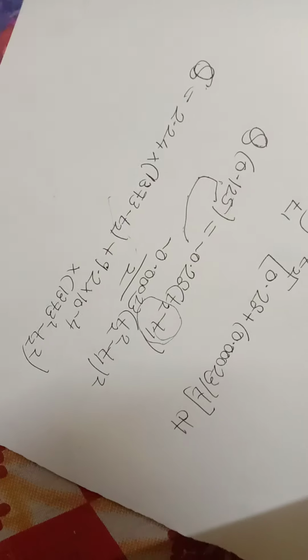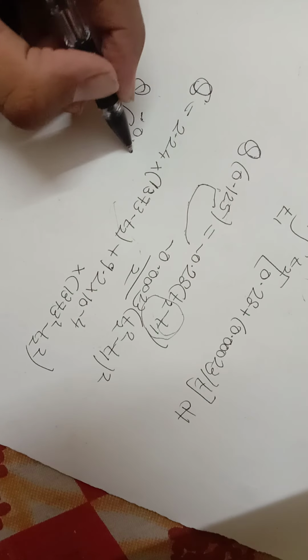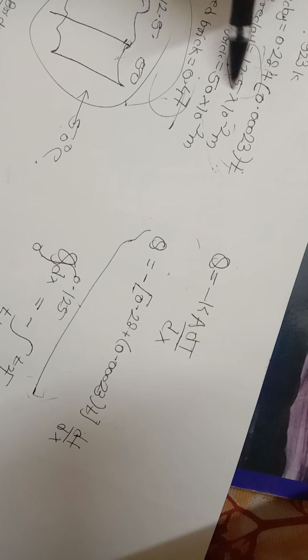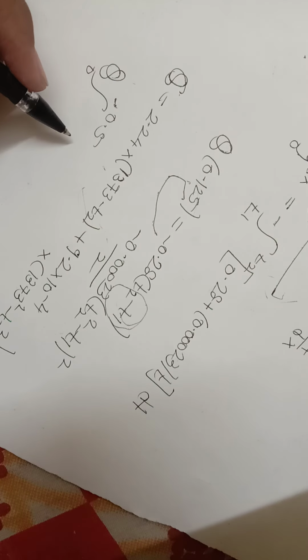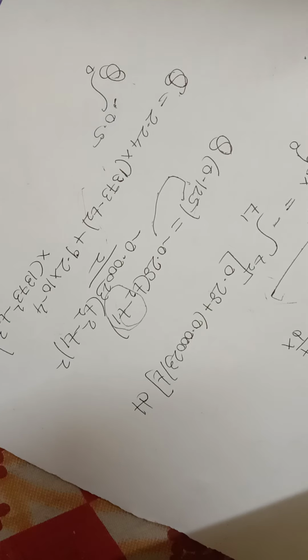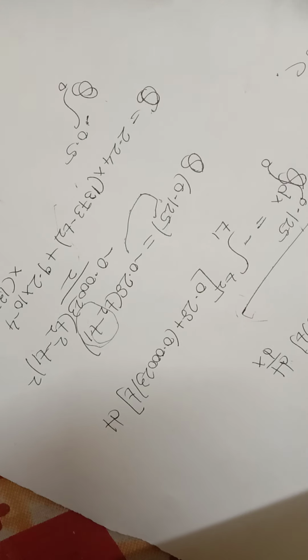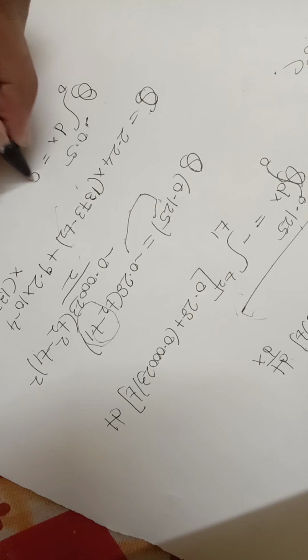Now the second equation, again integrating between limits, another 0.5. See this next one, first 0 to 0.125, then 0 to 0.5. I have written that in terms of 10 raised to minus 2. This I have just simplified more to make it easy. dx is equal to 0.47 minus this equation.